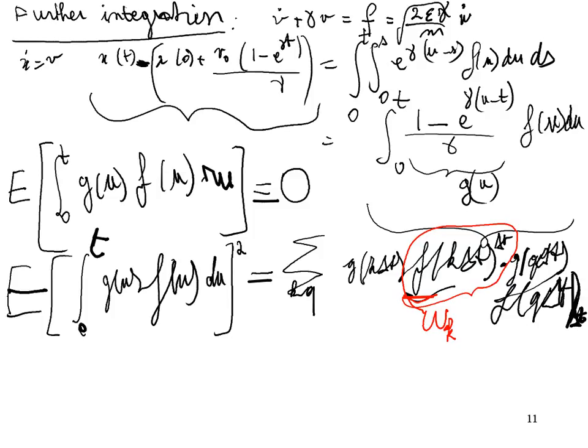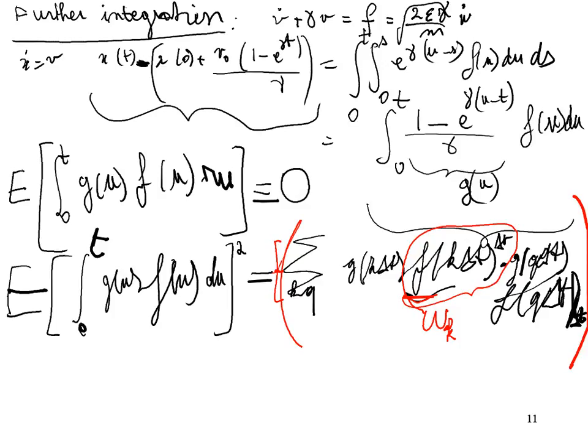So everything is going to cancel when we take the expectation of all of this, except the term for k equals q.